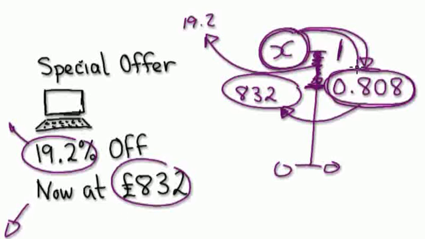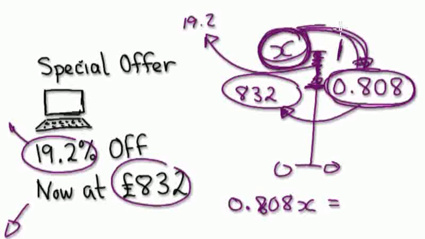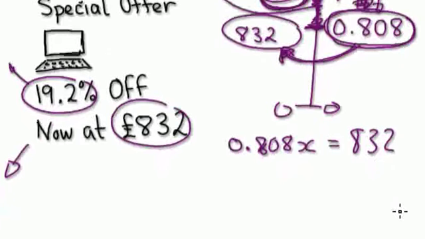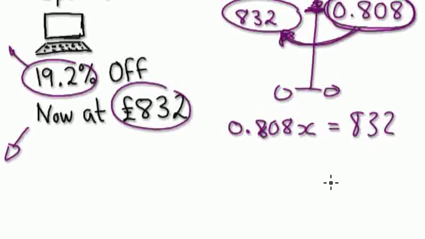We normally put the number in front first, so 0.808 times X equals, remember, we are just writing down the path into an equation. You get this times this equals this, so 832. Now it's just a matter of working out X.